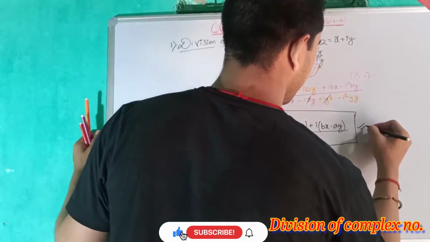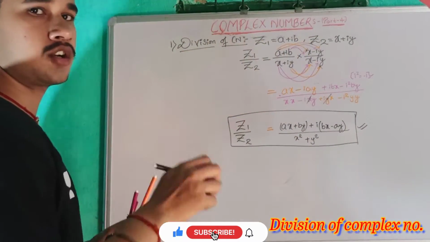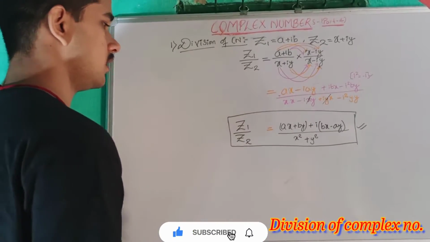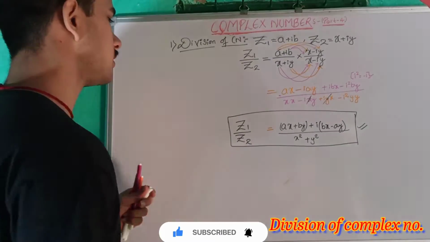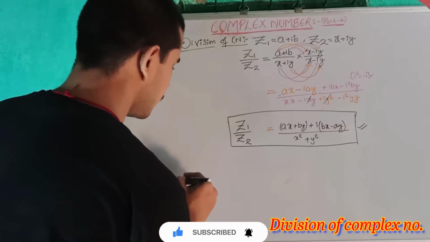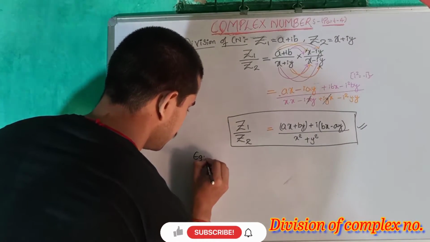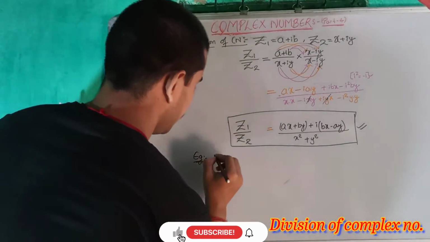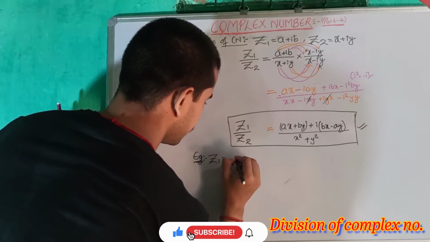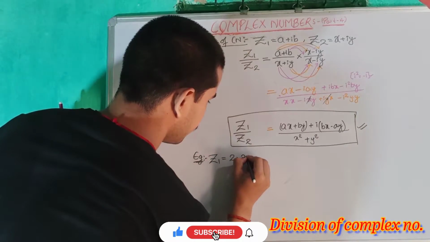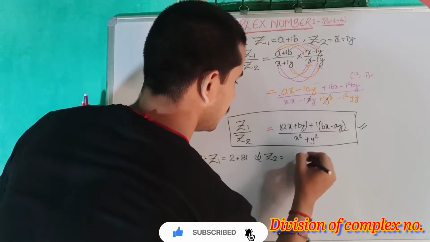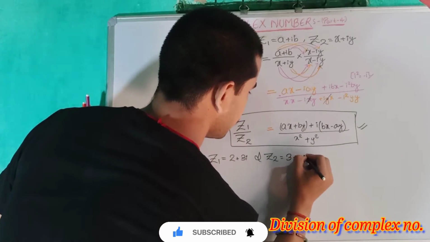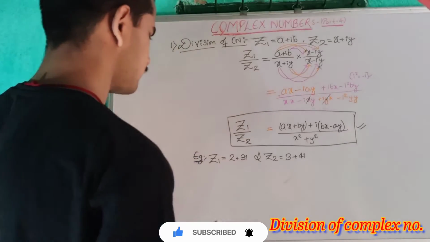If we remember this formula, then it will be very useful to us in our competitive exams. Just like getting the values and putting it and getting the answer. So taking an example for this now. Like we can have a first complex number like 2 plus 3i, and the second complex number, that is z2, like we can have 3 plus 4 iota.